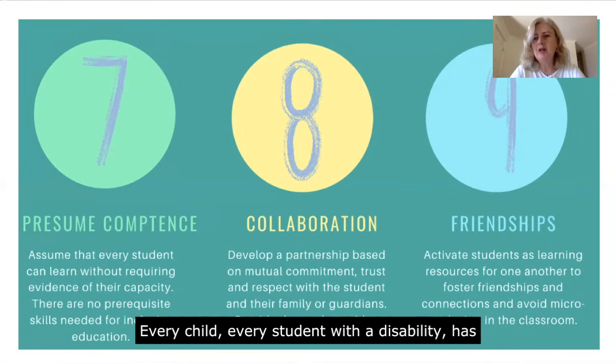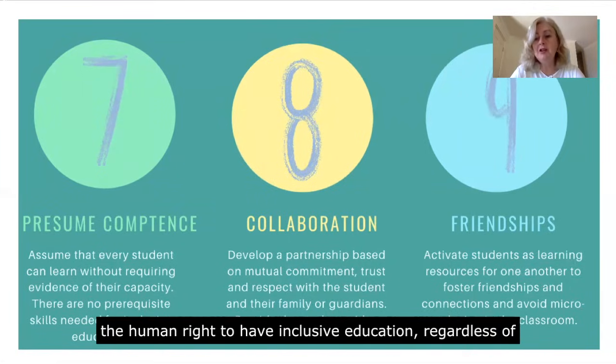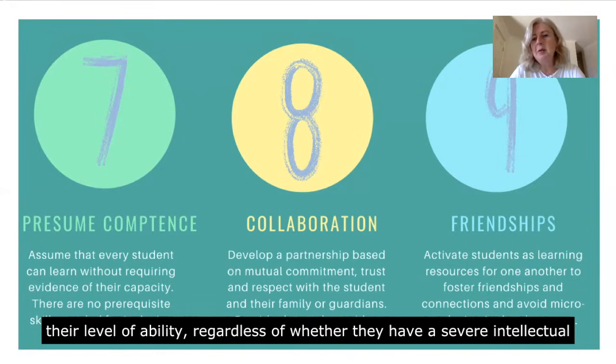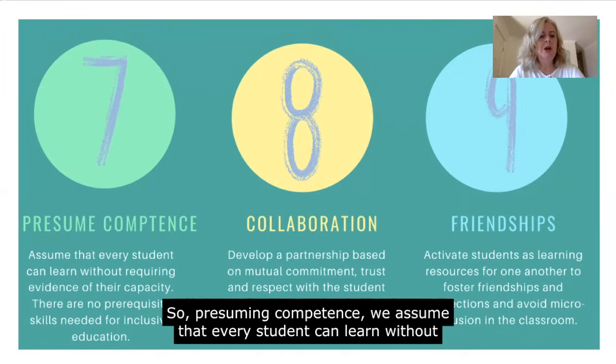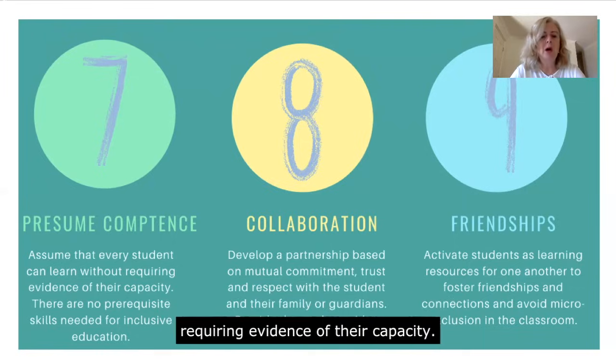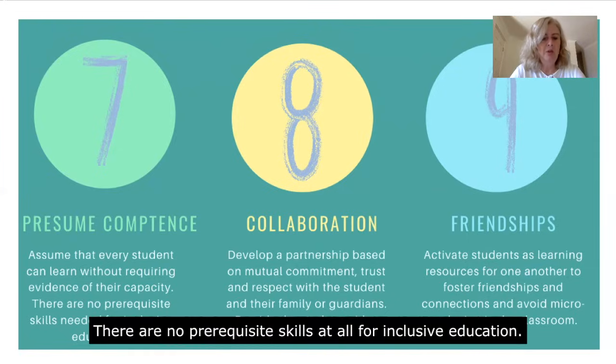Every child, every student with a disability has the human right to have inclusive education, regardless of their level of ability, regardless of whether they have a severe intellectual disability. So presuming competence, we assume that every student can learn without requiring evidence of their capacity. There are no prerequisite skills at all for inclusive education.